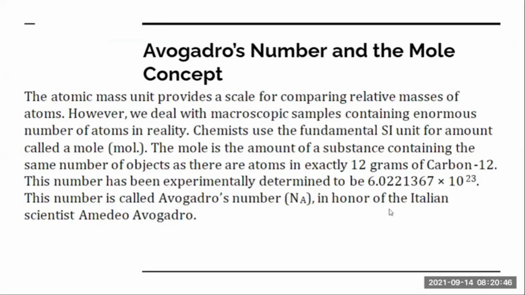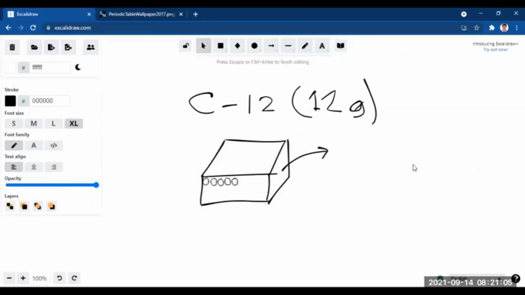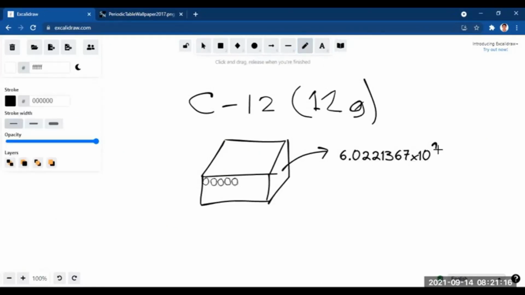Okay, so they tried to measure how much substance can be found in 12 grams of carbon-12. And then they determined that it is equal to 6.022 times 10 raised to 23.